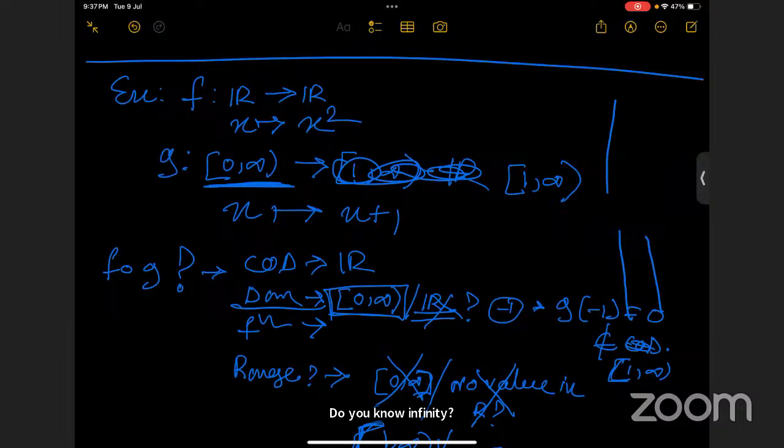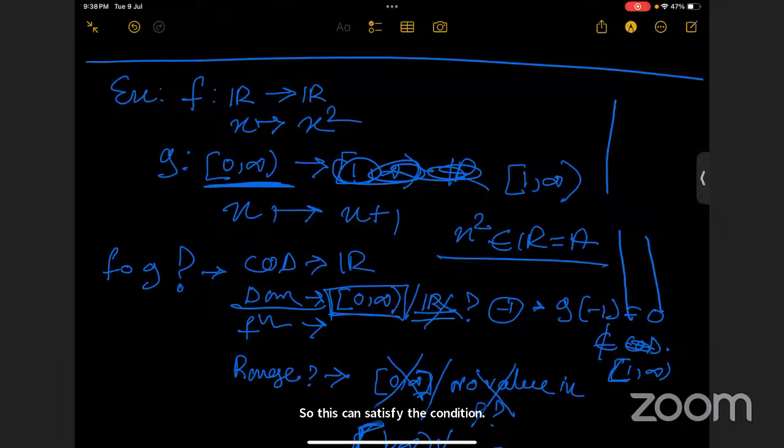Now, if we take any non-negative real number, then the squared value will be a real number, and this is our A. So this satisfies the condition. So this can be our domain, right? Now is there still any confusion left?